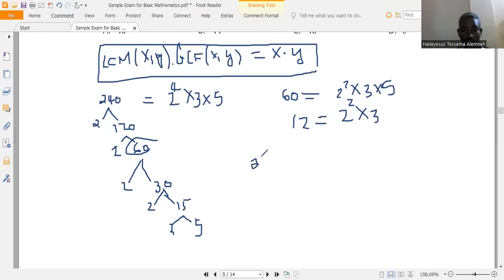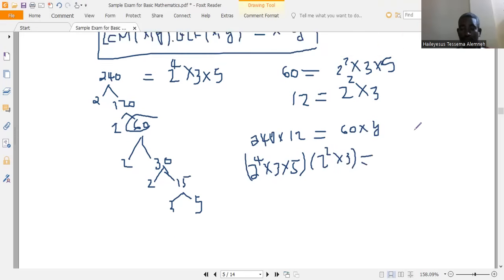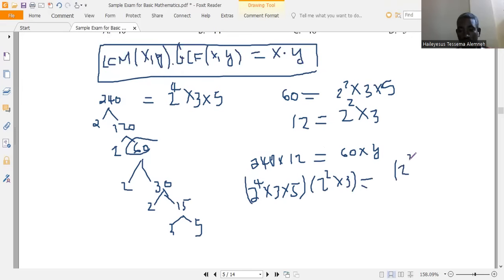Now using this formula, the product of LCM and GCF, which is 240 times 12, is equal to 60 times y. That is 2 to the power of 4 times 3 times 5 times 2 squared times 3, equals 2 squared times 3 times 5 times y.